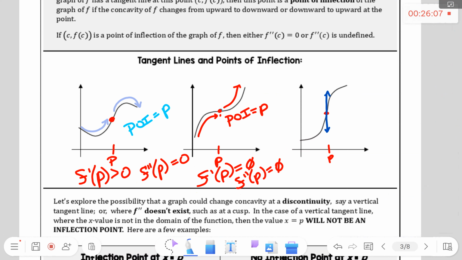The up down. Absolutely. What's that one thing called? The up down check. Vertical line test? Yeah. That's a test of whether it's a function. So f double prime at P does not exist.